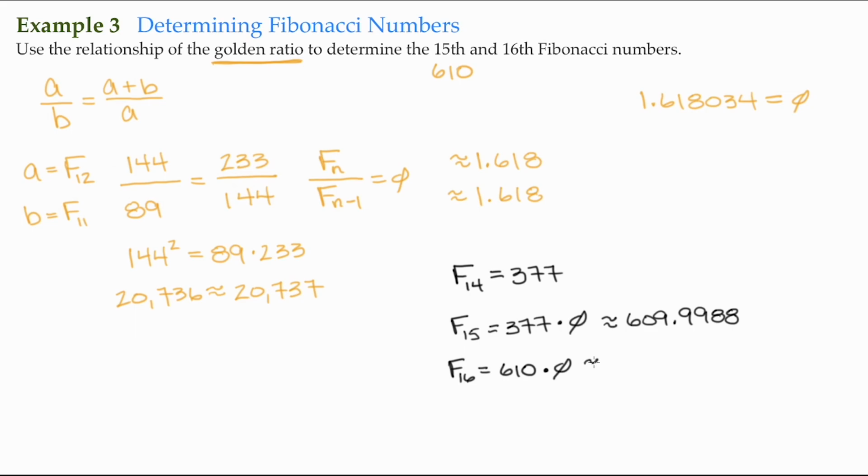And it comes out to be approximately 987.0007, or in other words, 987. We just round it to 987. And of course, 377 plus 610 is 987. So here we're using phi rather than having to add successive Fibonacci numbers. And there we go.